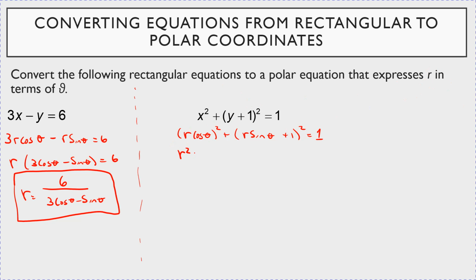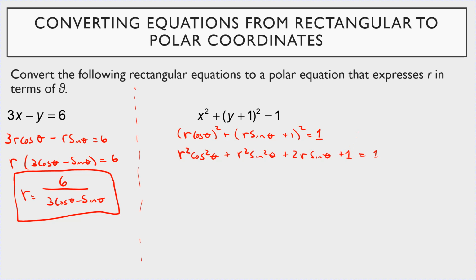So this is r squared times cosine squared theta. When you FOIL this out, you get r squared sine squared of theta plus 2r sine of theta plus 1 is equal to 1. So here's what I'm going to do.